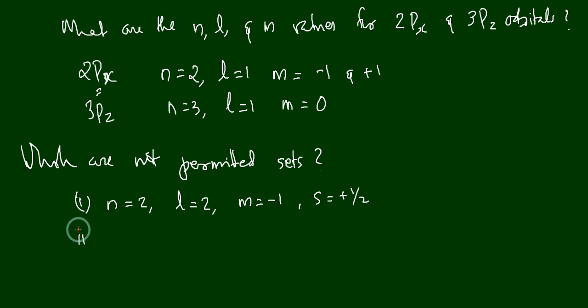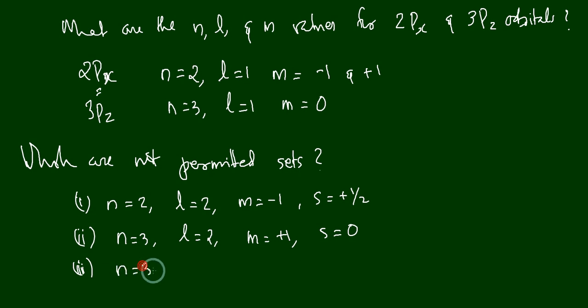And the second set is n is equal to 3, l is equal to 2, m is equal to plus 1, and s is equal to 0. And the third set is n is equal to 3, l is equal to 2, m is equal to plus 2, and s is equal to minus half.